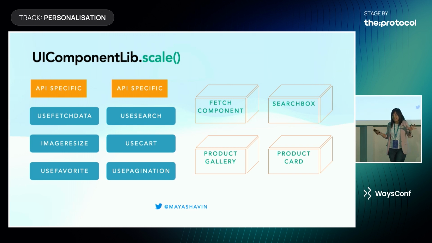In this example, I have separated the logic into hooks, and the component itself is just to display the UI. And whoever wants to use my component to build a product gallery can use their own specific API.